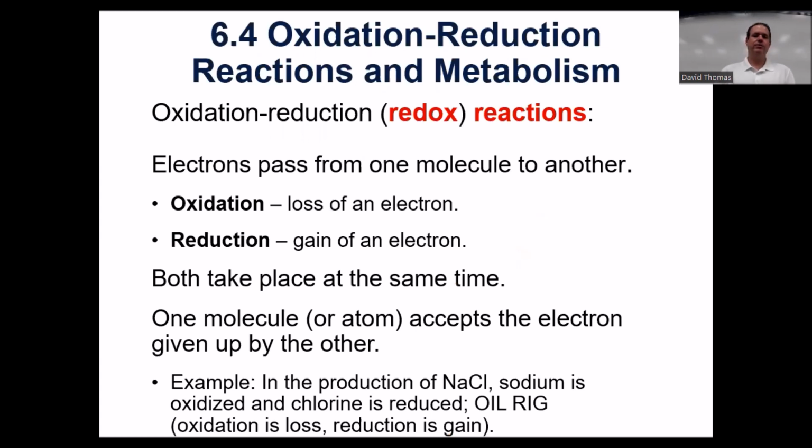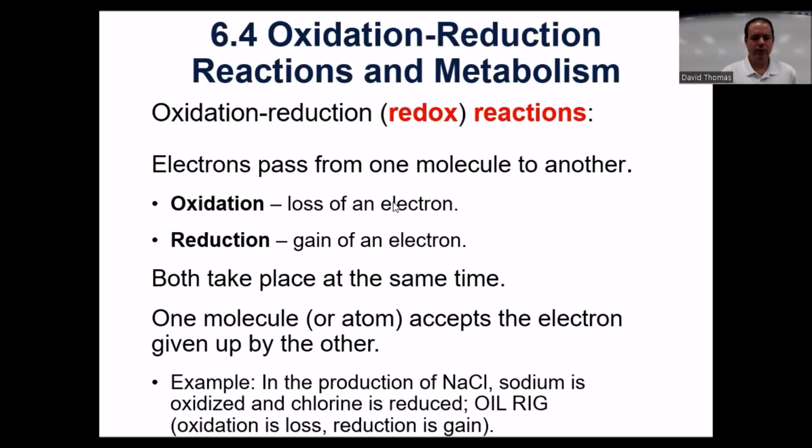The last section introduces us to oxidation-reduction reactions. We're going to see a lot of this again as we get into the energy-based reactions: photosynthesis, cell respiration, metabolism. If you had some basic chemistry, you probably talked about redox reactions. The main takeaway is that oxidation is loss of an electron.